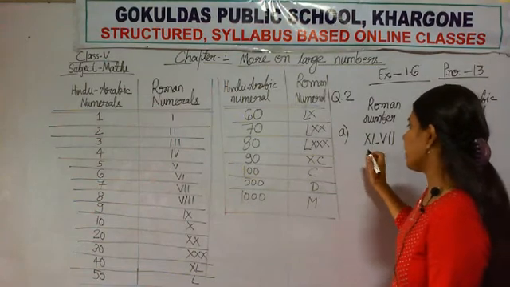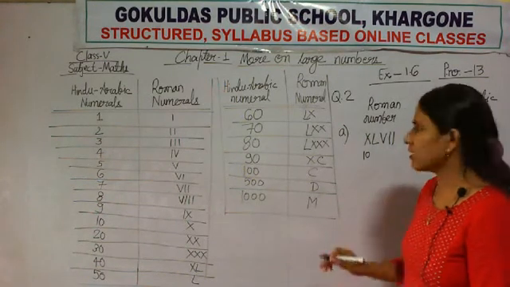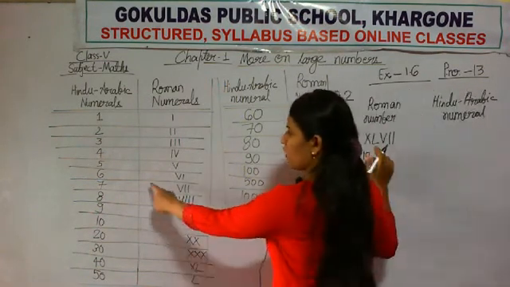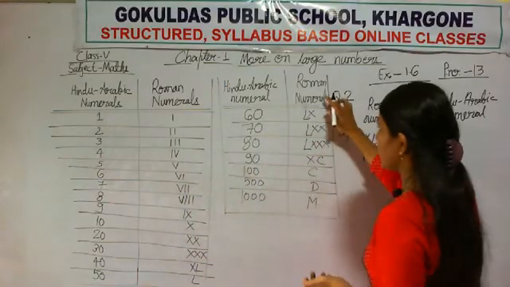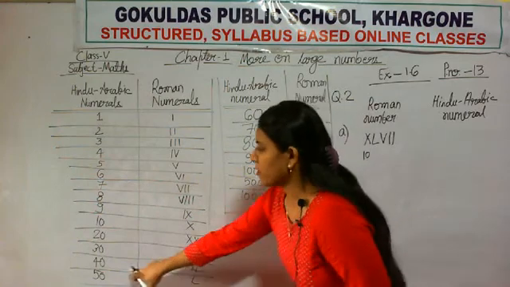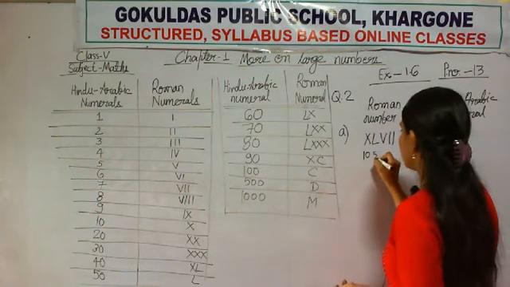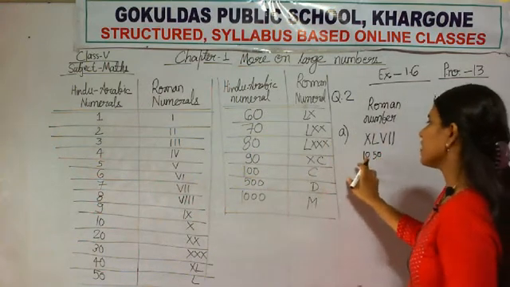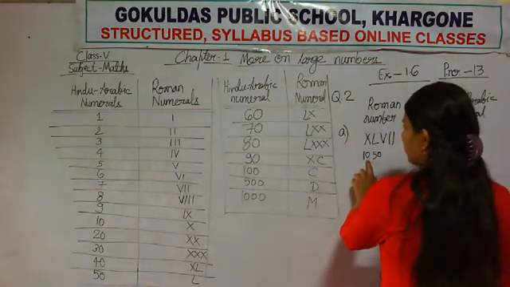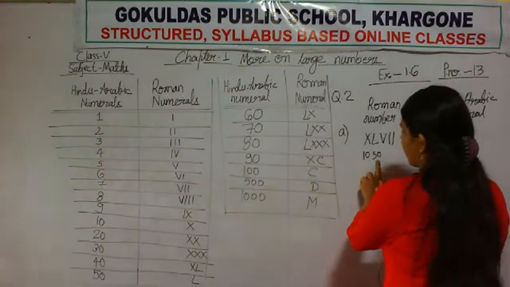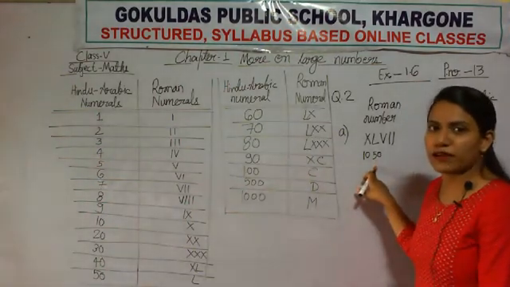So when you observe, X means 10, right? L means 50. Now see that the smaller number is written left to the larger number. It shows subtraction.